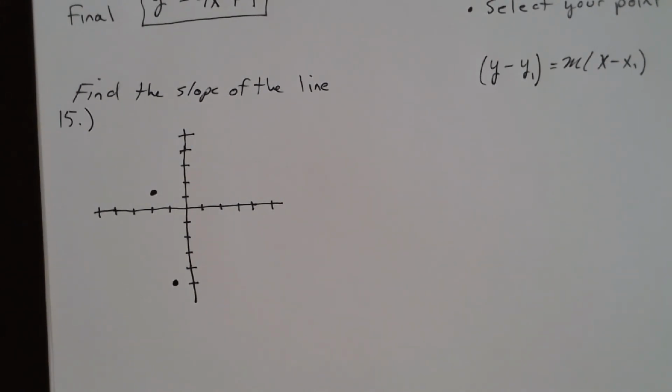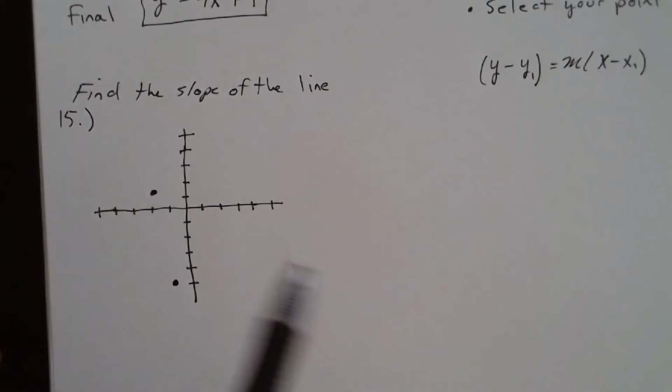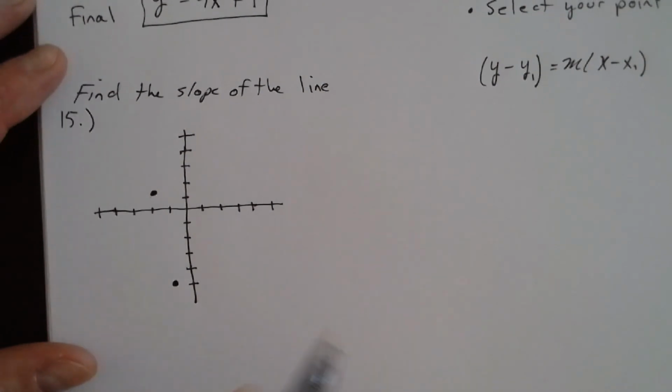Well, what's our first point? 2 and 2, 2 and negative 2. Or it's supposed to be the bottom one. What's this particular point? Negative 2 and 2. Yeah, because you said 2 and negative 2. But I know what you meant, okay? But let's be precise. We always put the x first, okay?